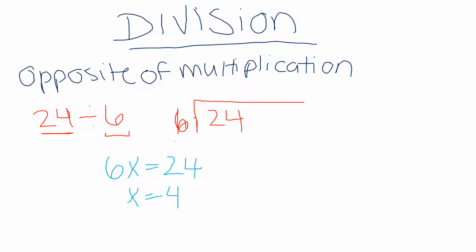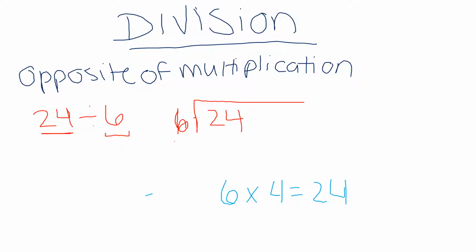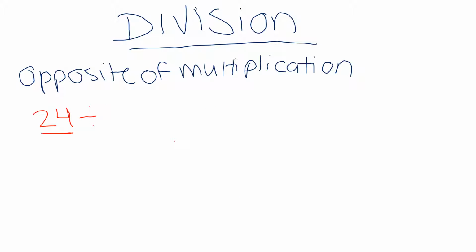I know that because I memorized my multiplication tables. So this is just how you set up a division problem. Those little ones, like I was saying, you should have memorized. If you memorize the multiplication, knowing the division is going to come a lot easier.